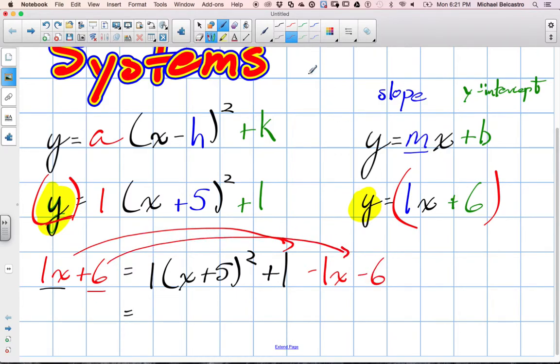Negative 6, good. So we get, now this 1 multiplied in front, do I need to include it? No, because 1 times anything is just whatever that is, right? So we'll write x plus 5 squared plus 1 minus x minus 6, okay? And on this side, we are now 0.